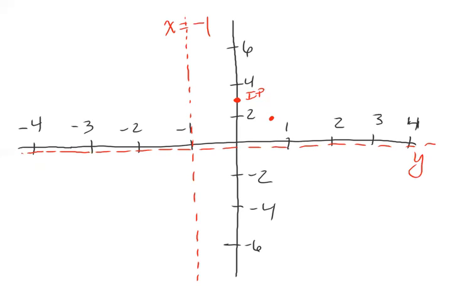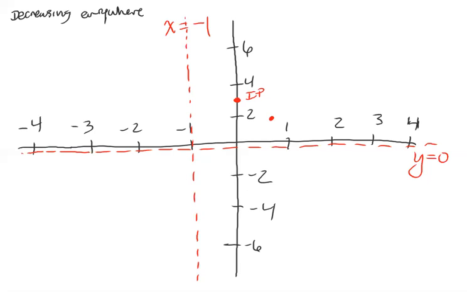Now I want to bring in the features of my derivative. Where's the graph increasing, decreasing? Where is the graph concave up, concave down? I know the graph is decreasing everywhere. It's going down from left to right everywhere.